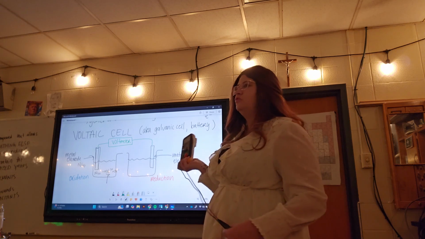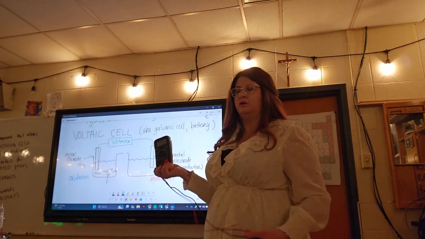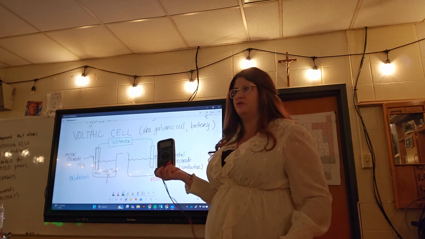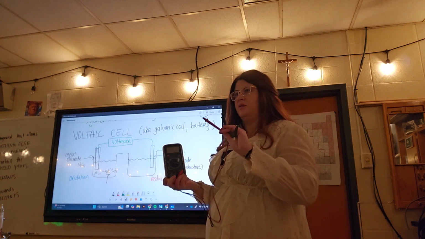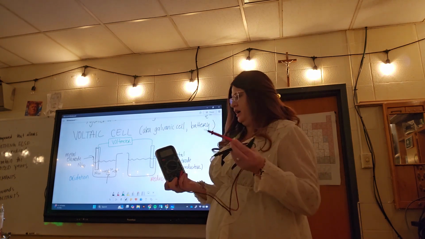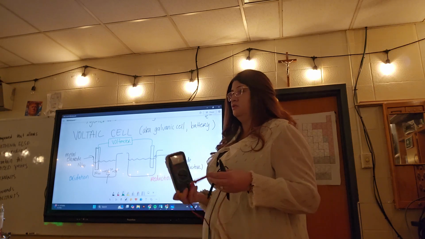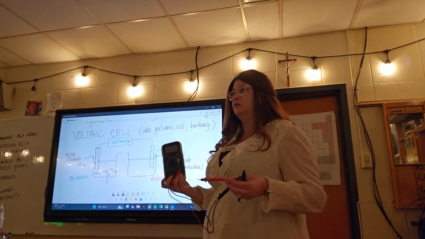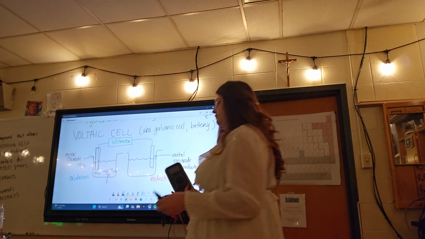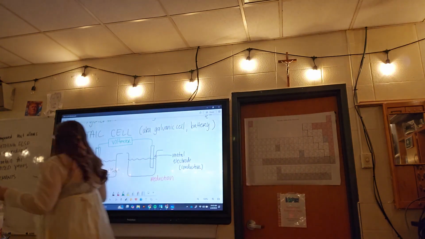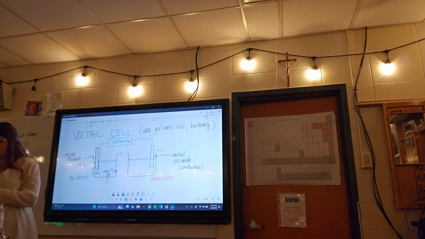So if you want to test if your battery works, you hook one end up to either end of your battery and turn this thing on, and it'll tell you if electrons are flowing through it. These like batteries? Yeah. So that's what a voltmeter is.